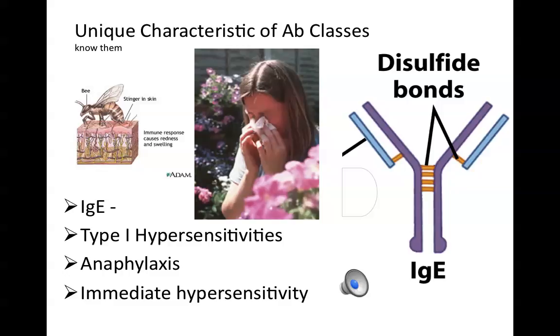Same thing is similar to an already pre-activated eosinophil or basophil. The IgE is right there attached to the basophil or eosinophil, and when you attach the antigen to it, it triggers that immediate response.